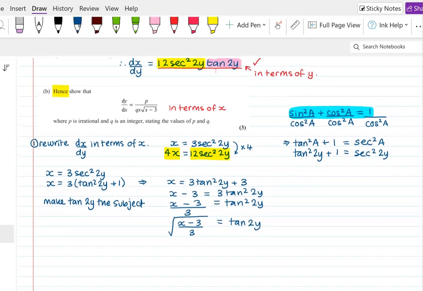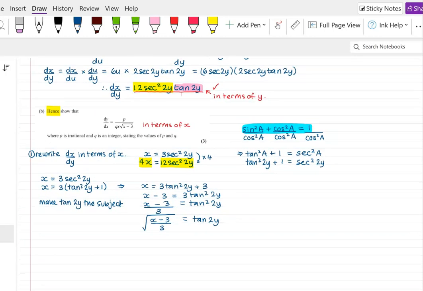Okay, so I'm just going to rewrite dx dy now. So that tells me, therefore, where am I going to write this? Maybe up here. Okay, so I've got dx dy is now 12 sec squared 2y and tan 2y.